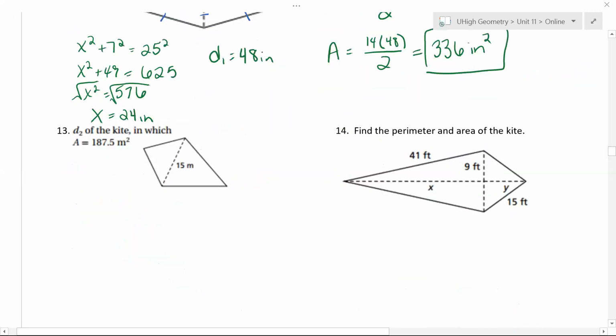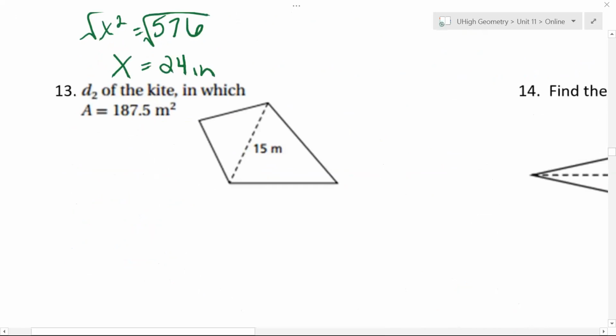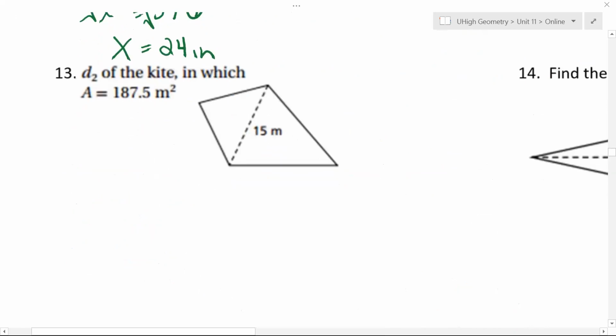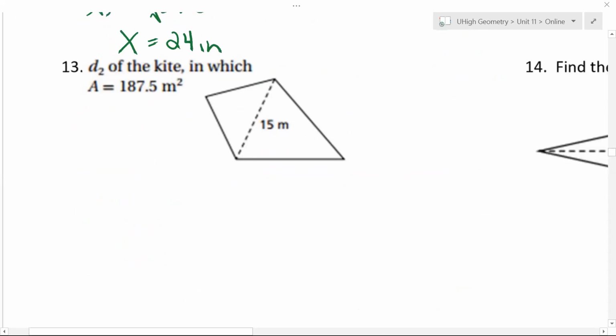Awesome. So number 13, we're looking for diagonal 2 of the kite, where we have an area of 187.5 meters squared. And we're given that our diagonal 1 is 15 meters. So I'm going to look for this diagonal 2 created here.